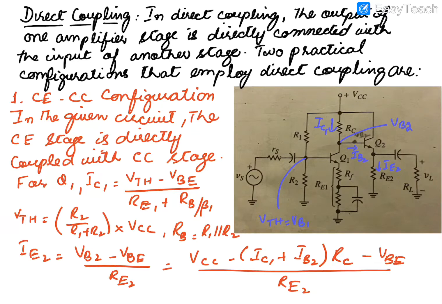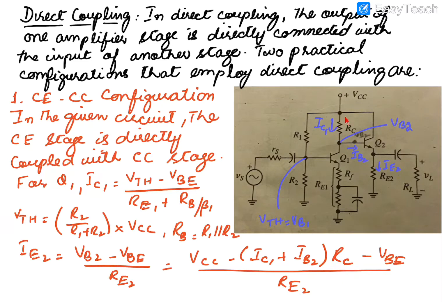IE2, the current flowing through RE2, is equal to VB2 minus VBE divided by RE2. The VB2 is basically equal to VCC minus the drop across RC.